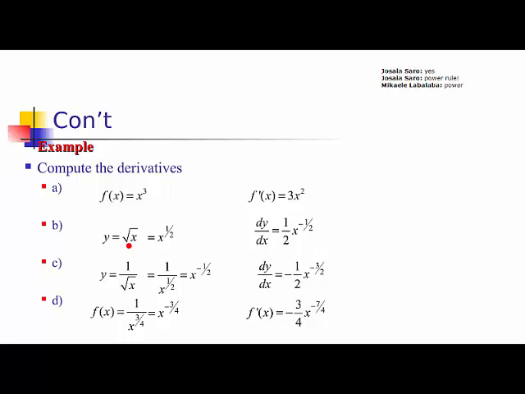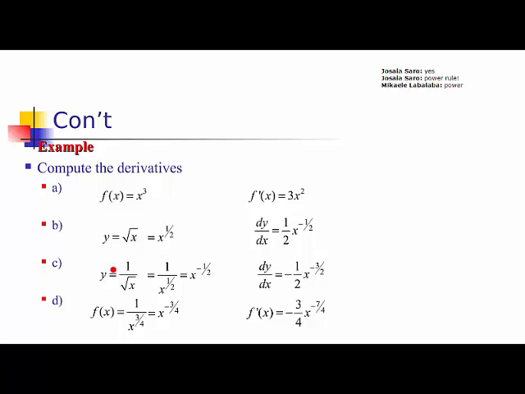Similarly, now whenever we have a function in terms of a root, so it's written here y is equal to root of x. Whenever we have a function of this kind, we always have to change the form of that function in terms of x to the power half in order to solve for the derivatives. We cannot differentiate this particular function in form of a root.